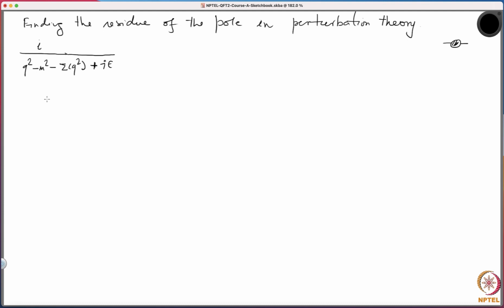So let's look at the denominator: q square minus m square minus sigma of q square. Because we are looking at the zero of this, I will not worry about i epsilon. That's not relevant now.